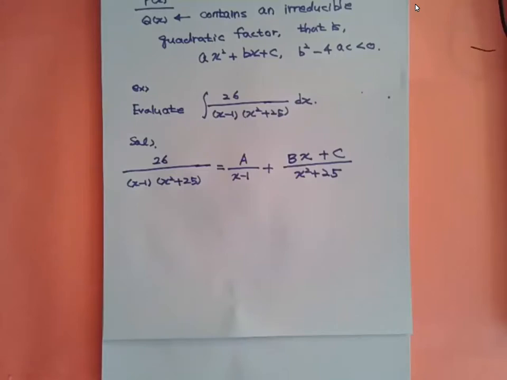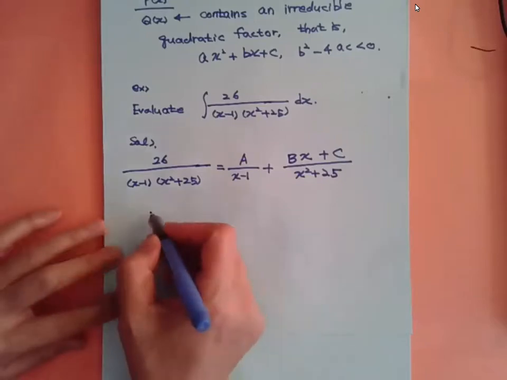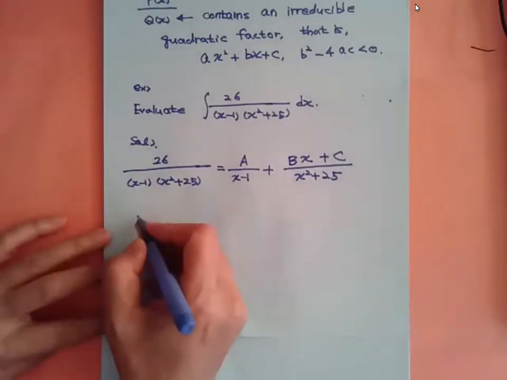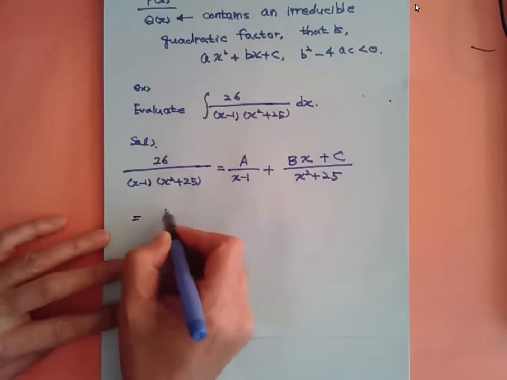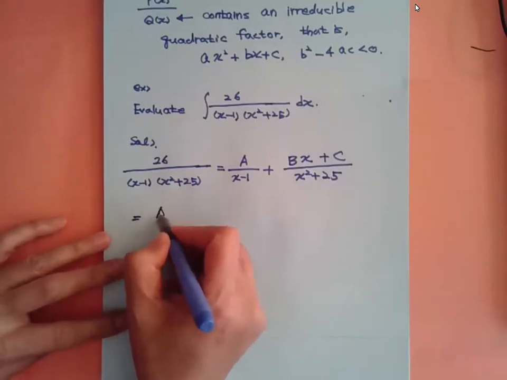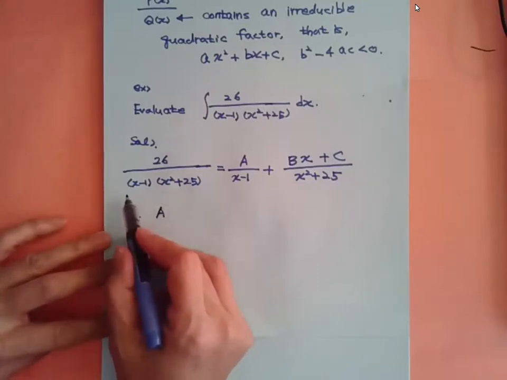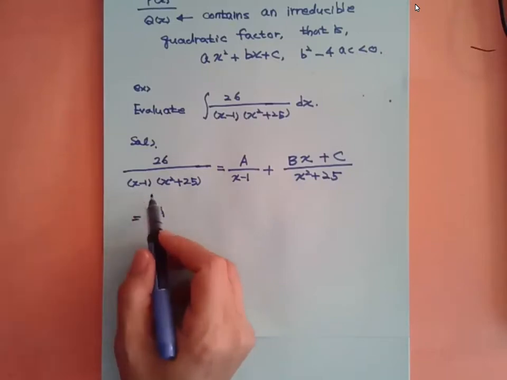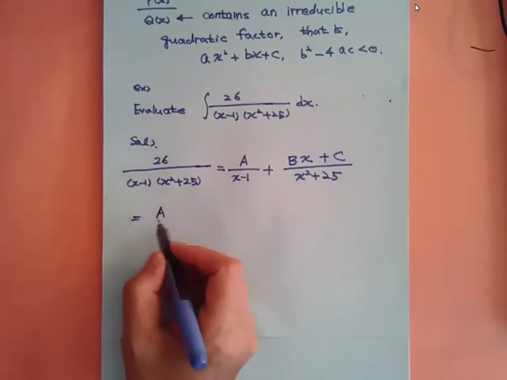The remaining step will be very similar to what we did in the previous class hours. The common denominator is x minus 1 times x squared plus 25.